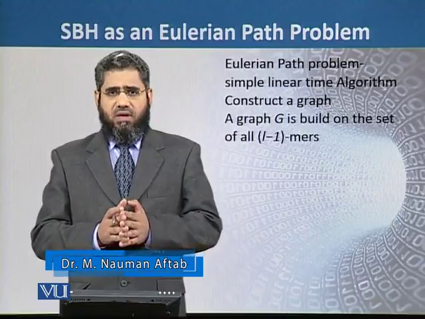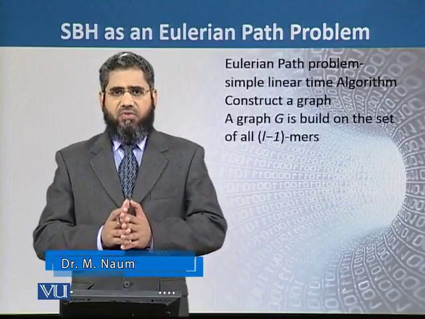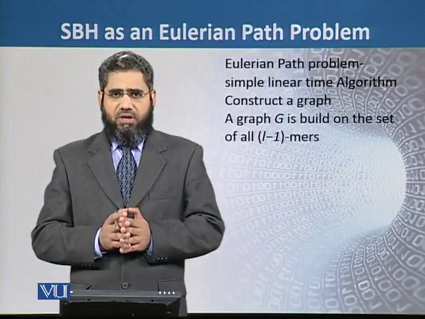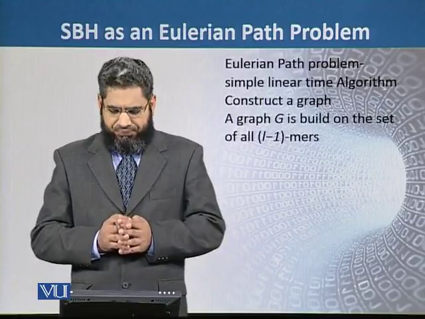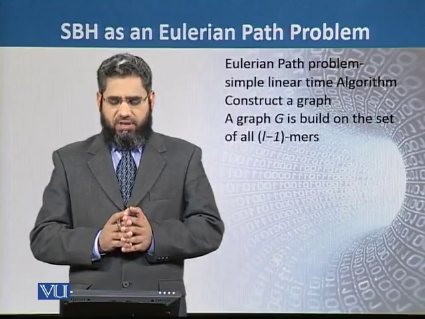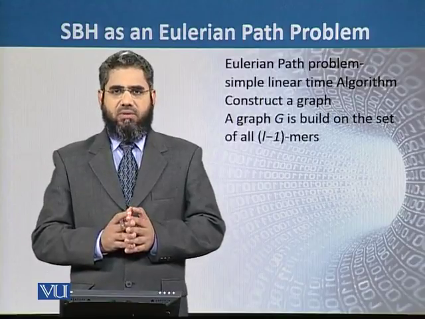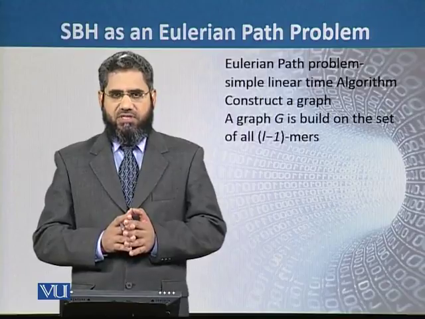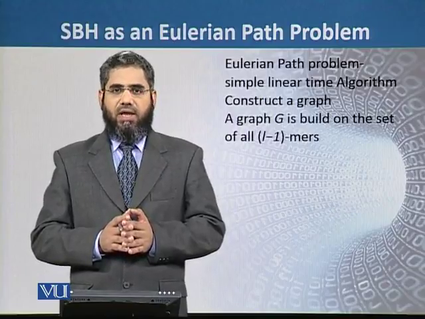So in this graph, we obtain a graph G in which the vertices are built on the set of all L minus 1 mers, rather than, as we have studied previously, on the L-mers.